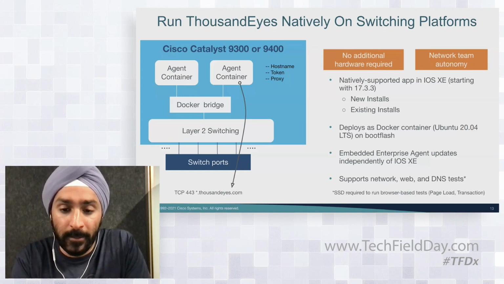Strictly 93 and 94, or what about the 95K platform or the 9500s? Yeah, currently we prioritize the 93 or 9400. The architecture across the Catalyst 9K switching line is the same, so it allows us to extend it out. We prioritize these mainly because these make up a bulk of the deployments, and also the use cases that we see across customers are that we need an agent as close to the user as possible, and 9300s are essentially at the access layer typically.